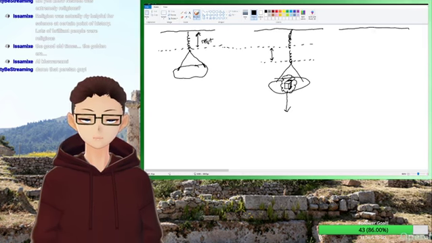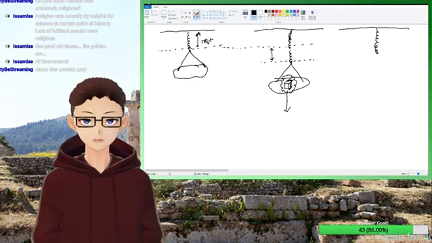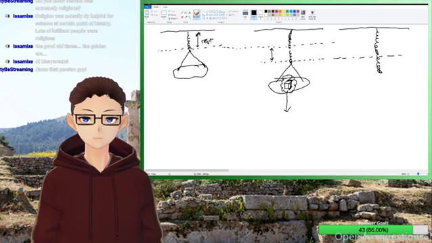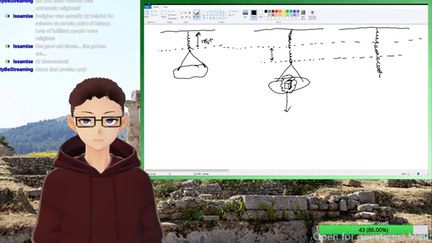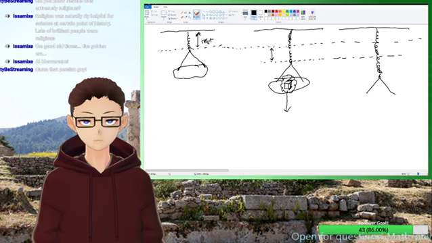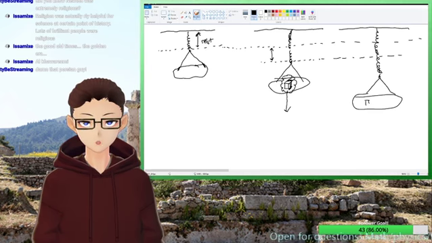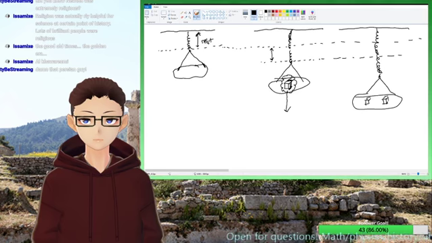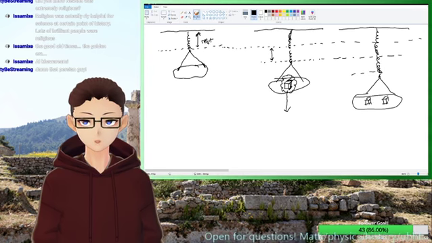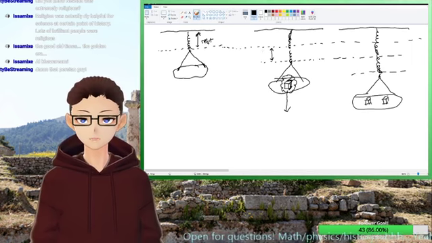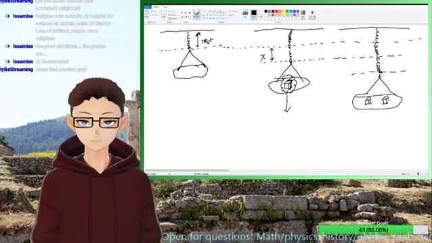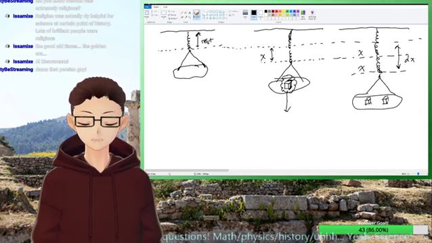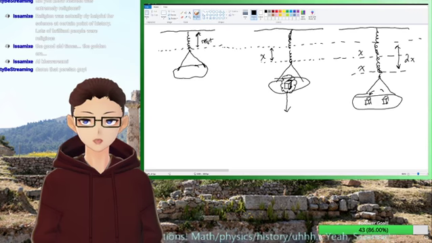If we put 2 cubic centimeters of copper on our tray, if this distance of stretch is x, then this distance of stretch would be 2x.